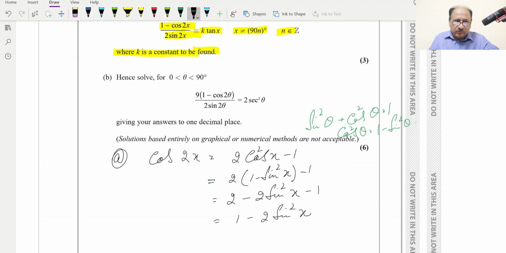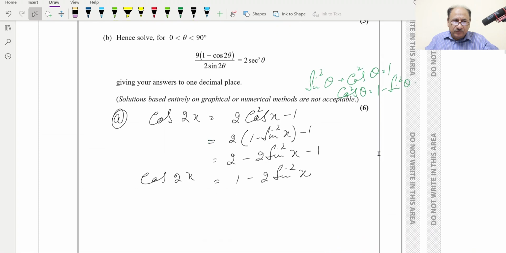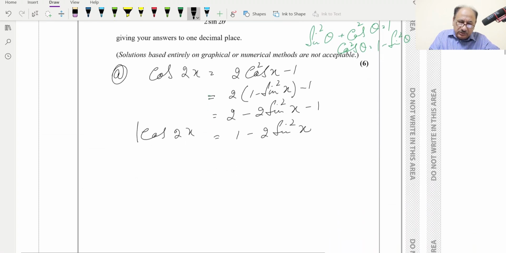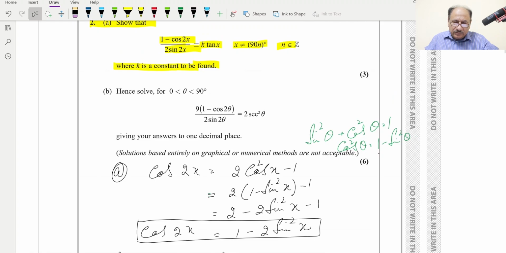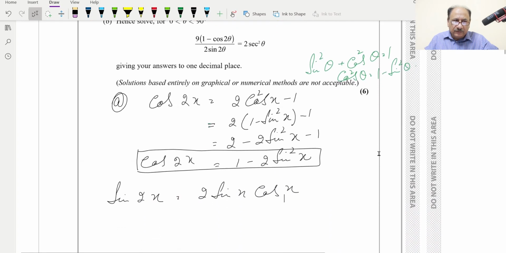This will be equal to cos 2x. Similarly, we know sine 2x is equal to 2 sine x cos x, and we can replace these values in the equation.